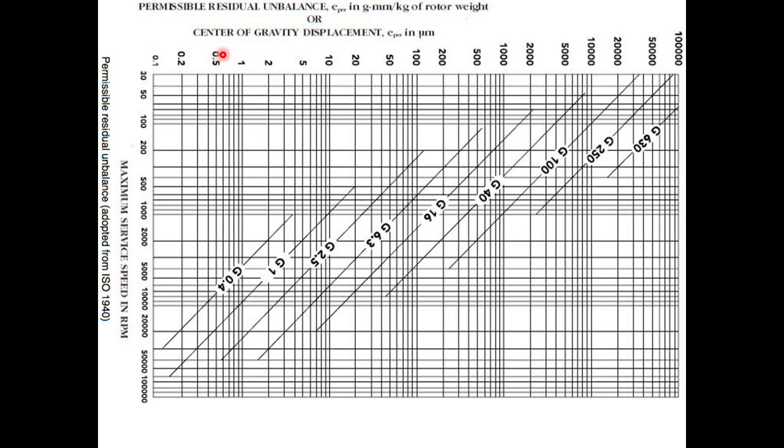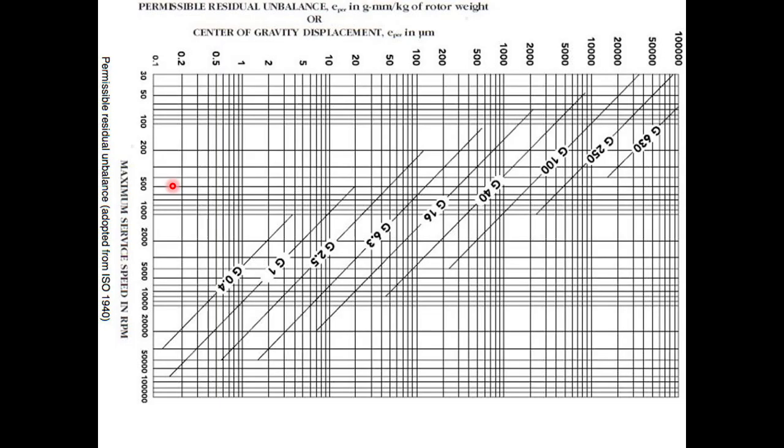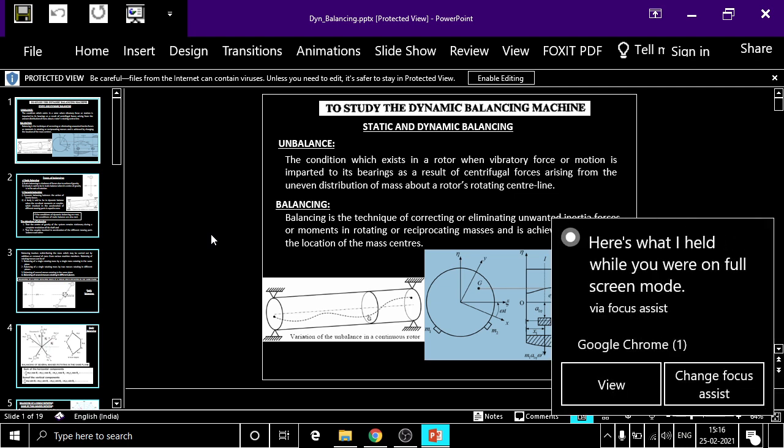So that way, for different rotors, you need to see this thing also. In actual application, you have to see what is the grade of tolerance you require. If you are really using a crankshaft, there is no point in going into that precision of balancing. Okay, that's clear. So this is about the theory part.